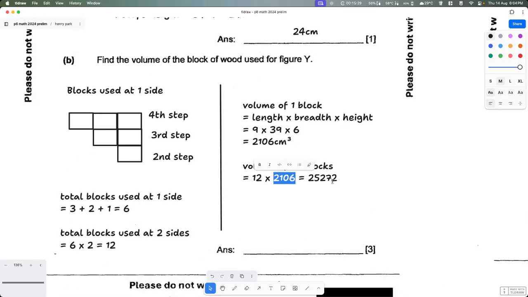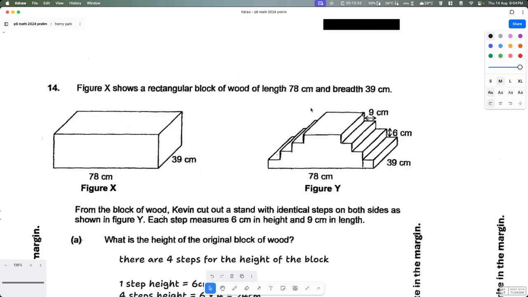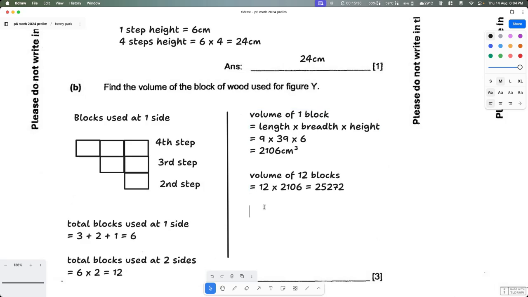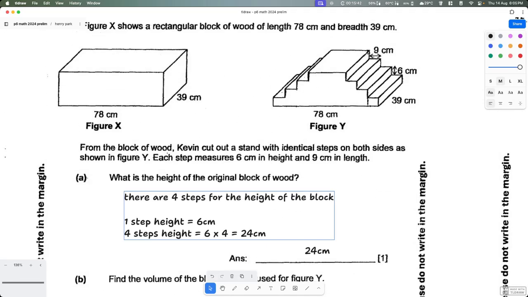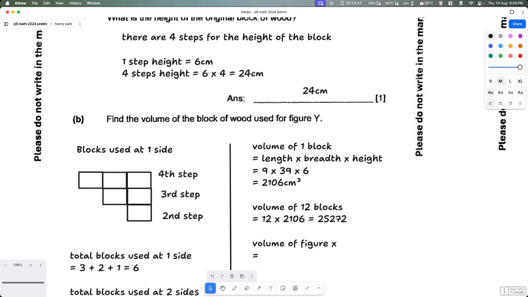So now we know the volume of the 12 blocks. We also need to know the volume of figure X. So volume of figure X is equal to length and breadth times height.